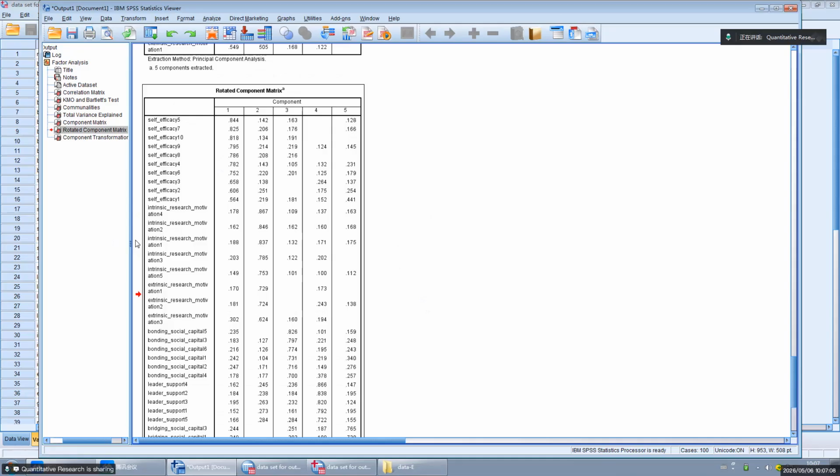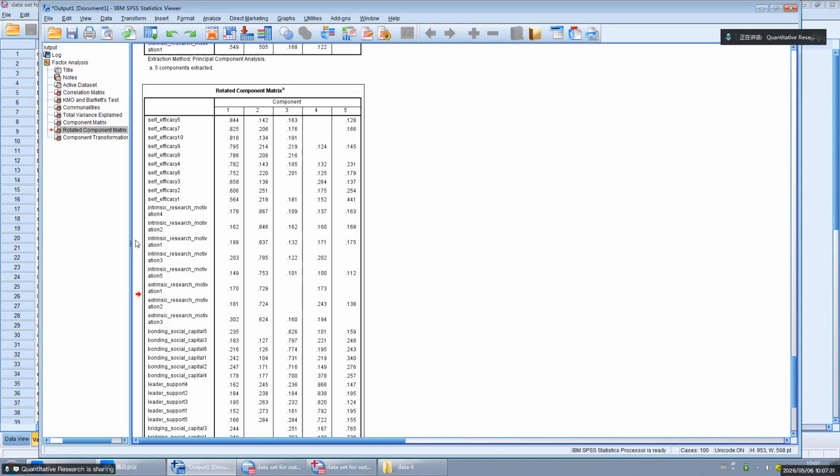So it depends on your research aim and how you deal with the data. Okay, this procedure is correct.